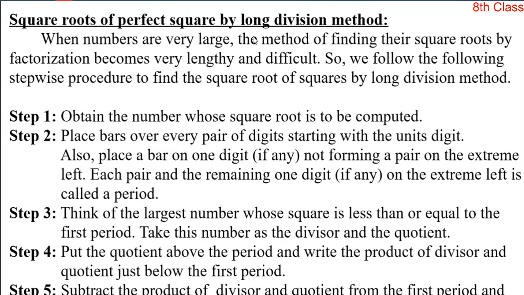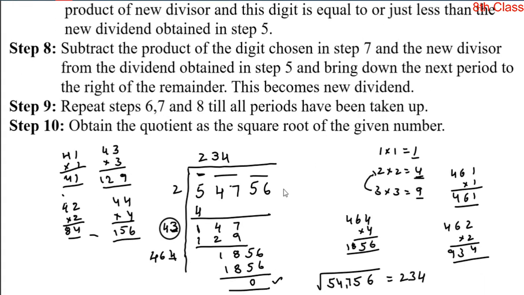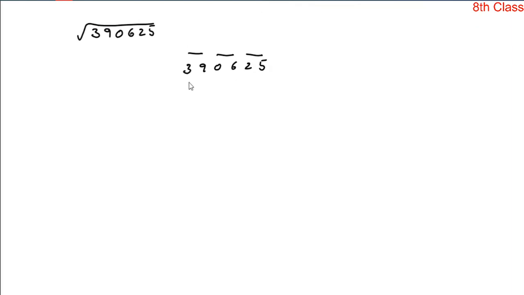But in the previous example we had an odd number of digits, so on the extreme left we left 1 digit, taken as 1 period. But in this number we have an even number of digits, so in the extreme left also we have 2 digits in that period. Is it clear?